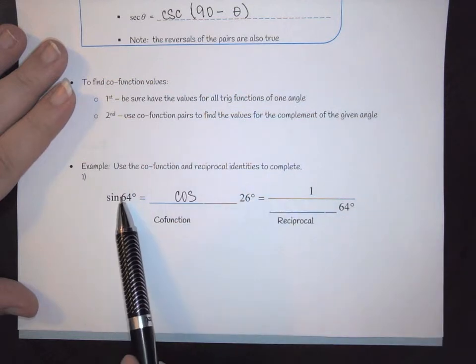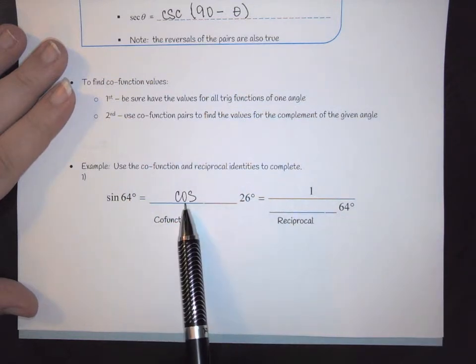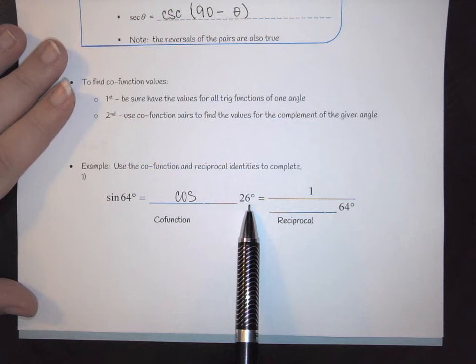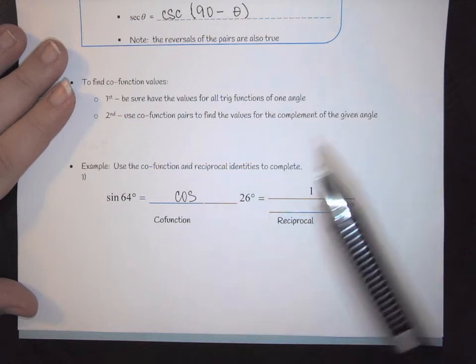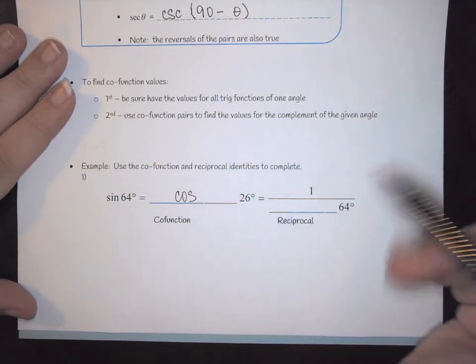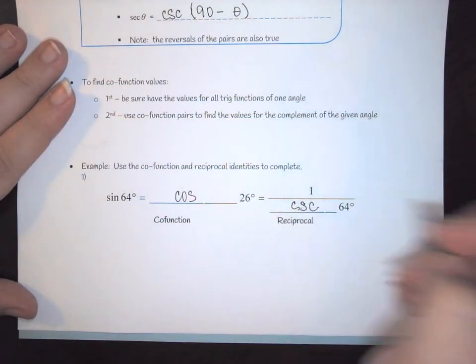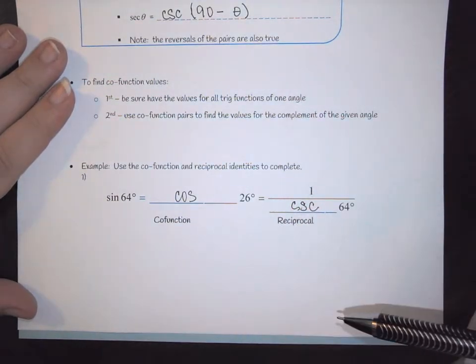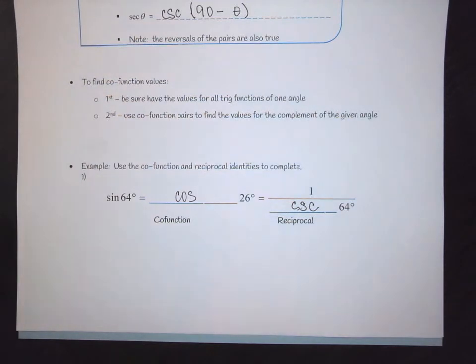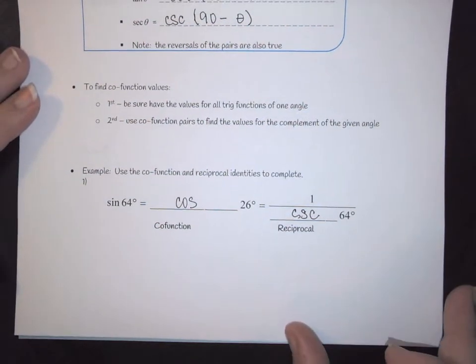So the sine of 64 is the same as the cosine of 26, which in turn is the same as 1 over the cosecant of 64 degrees. So you have to have an idea of how to go back and forth depending on what you've been given so that you can solve your problem.